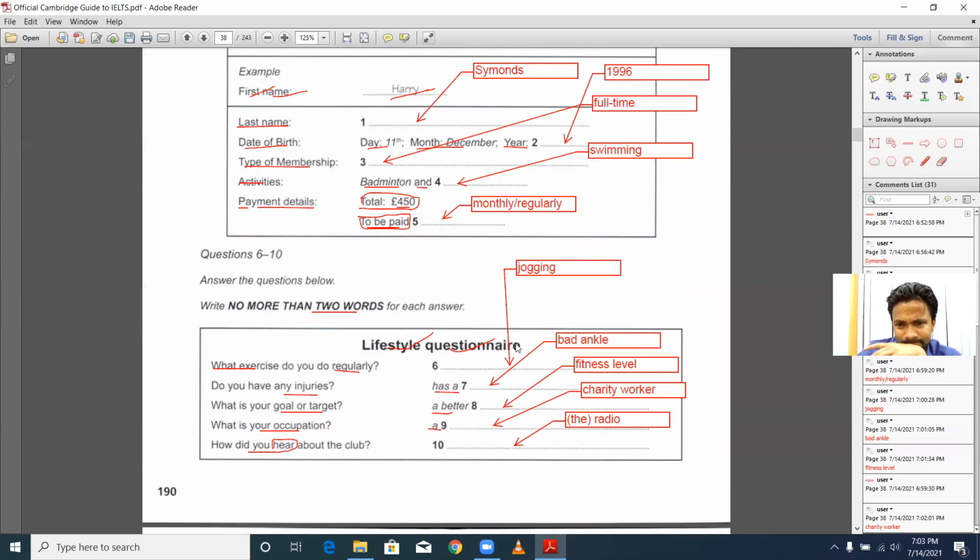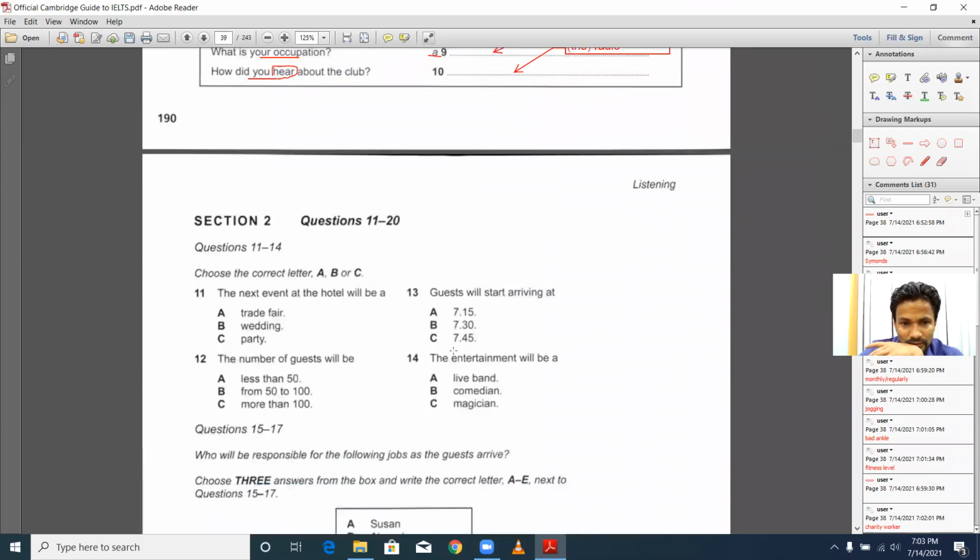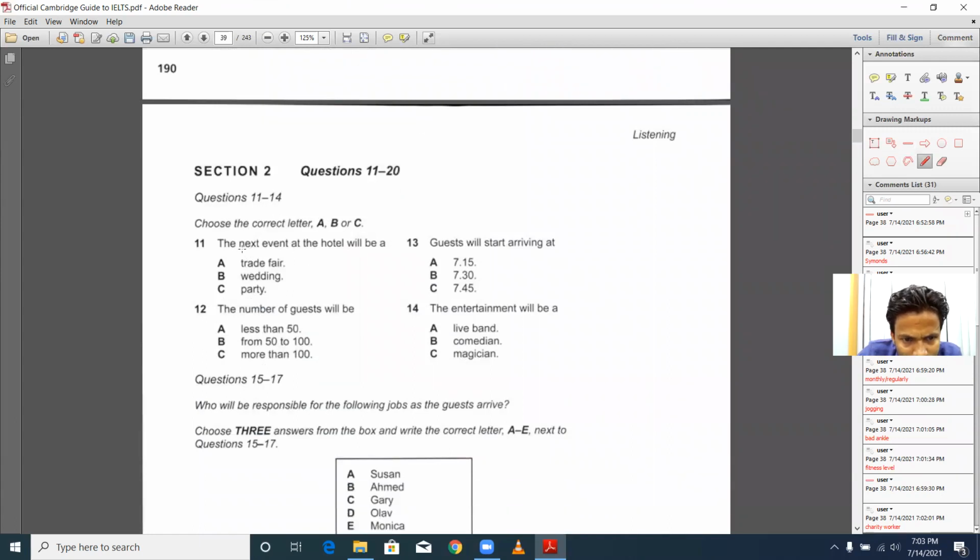Now turn to section 2. Let's move on to section 2. You will hear a hotel manager talking to her staff about the arrangements for an event to be held at the weekend.